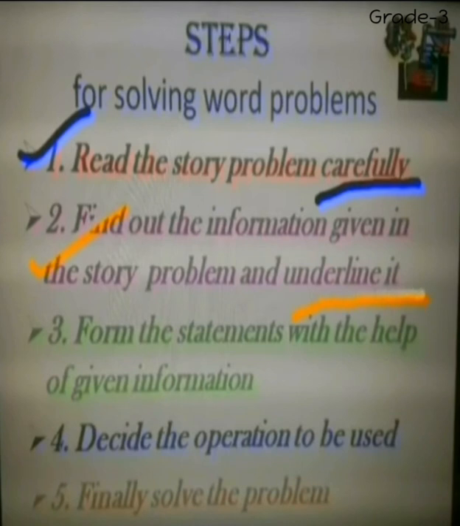Third, form the statements with the help of given information. Number 4th, decide the operation, means addition or subtraction, what will apply there. So you have to decide the operation to be used. And finally children, then we have to solve the story problem.